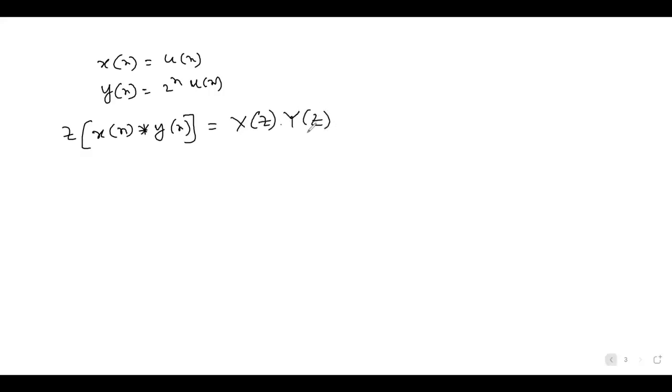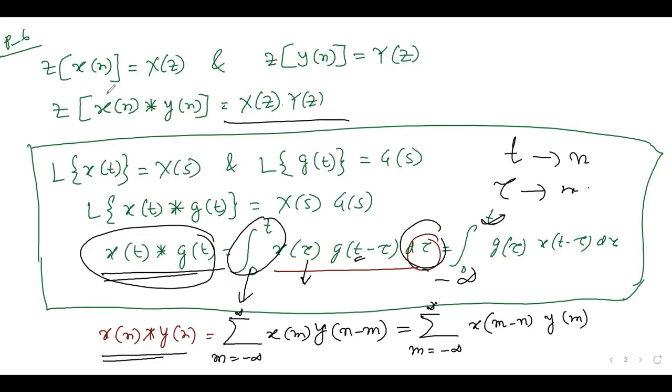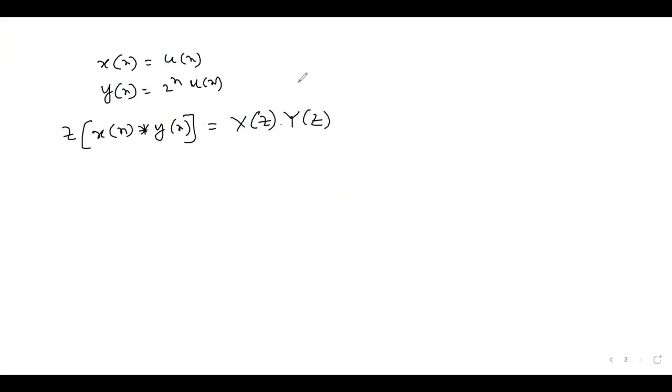Convolution in sequence domain is just multiplication in z domain. We know if xn is equal to un, then xz will be 1 by 1 minus z inverse.